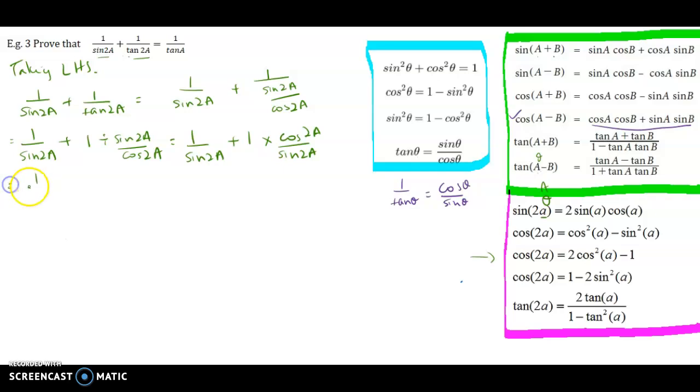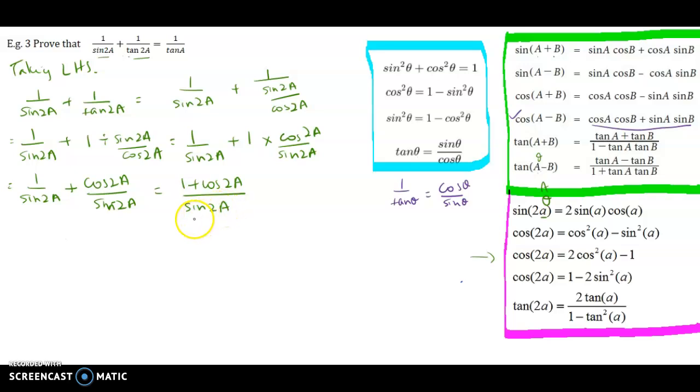So that works out to be 1 on sine 2a plus cos 2a over sine 2a. Now the nice thing is that I have a fraction here and a fraction here with the same denominator. So this is 1 plus cos 2a, all over sine 2a.